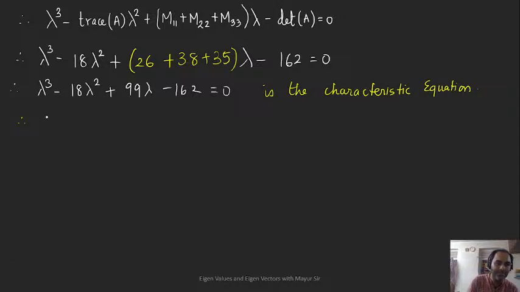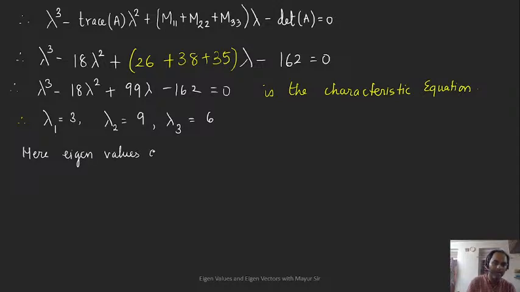So you have lambda 1 is 3, lambda 2 is 9, lambda 3 is 6. Okay, we got these 3 answers. Now they are distinct eigenvalues, so write down here eigenvalues are distinct.